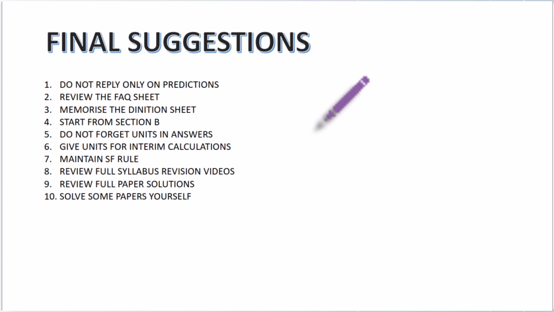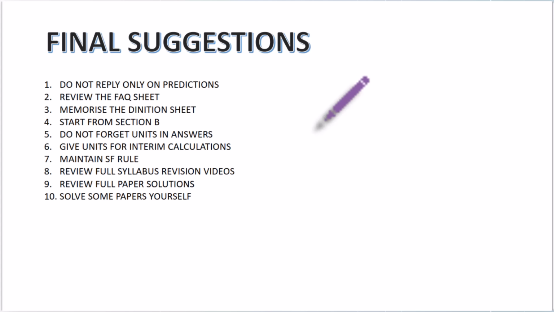And my personal request to all of you is do not start from section A. Always start with section B because there is a time constraint. If you start with section A, you might lose a lot of time solving unimportant questions. And even if you get all of these right, you only end up with 10 marks, whereas section B contains most of the marks.